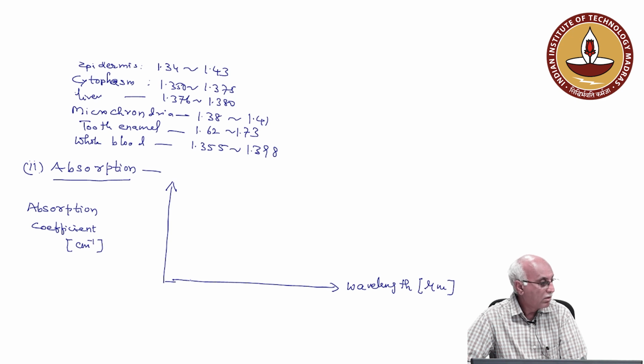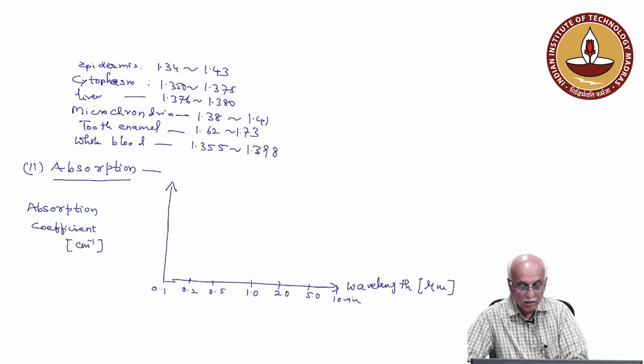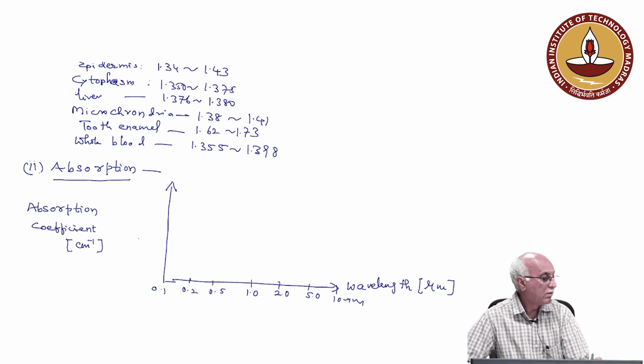So here I'll just give you some idea: 0.1, 0.2, 0.5, 1, 2 micron, 5 micron, and 10 micron, and a logarithmic scale in terms of absorption coefficient: 1, 10, 100, and 1000.